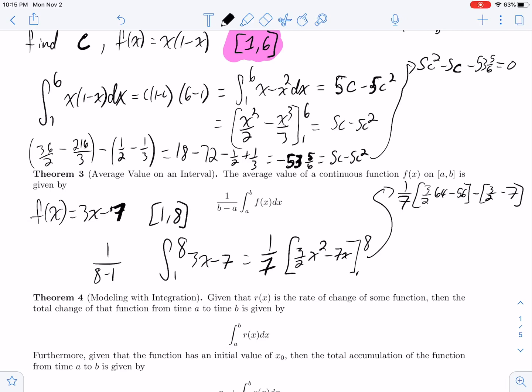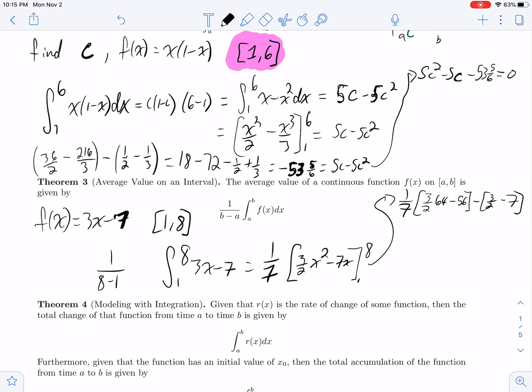And then if we calculate all of this, this is 1 over 7 times 64 over 2 is 32. 32 times 3 is 96. 96 minus 56 is 40. Minus, I guess this is all in parentheses like this.